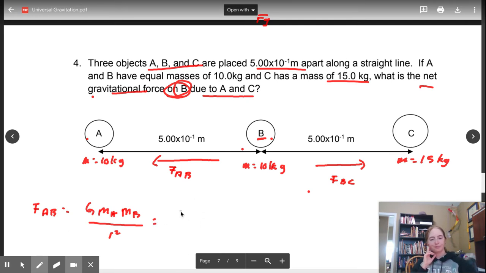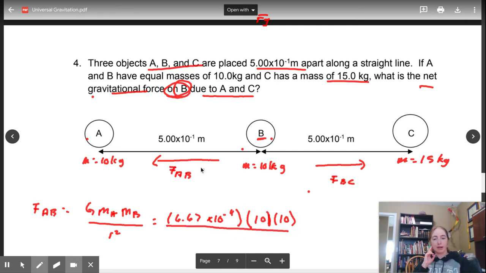Okay. So 6.67 times 10 to the power of negative 11, which you can find on your data sheet. You do not need to memorize that number. Multiply that by mass 1, which is 10. Mass 2 is also 10. Divide that by our radius.